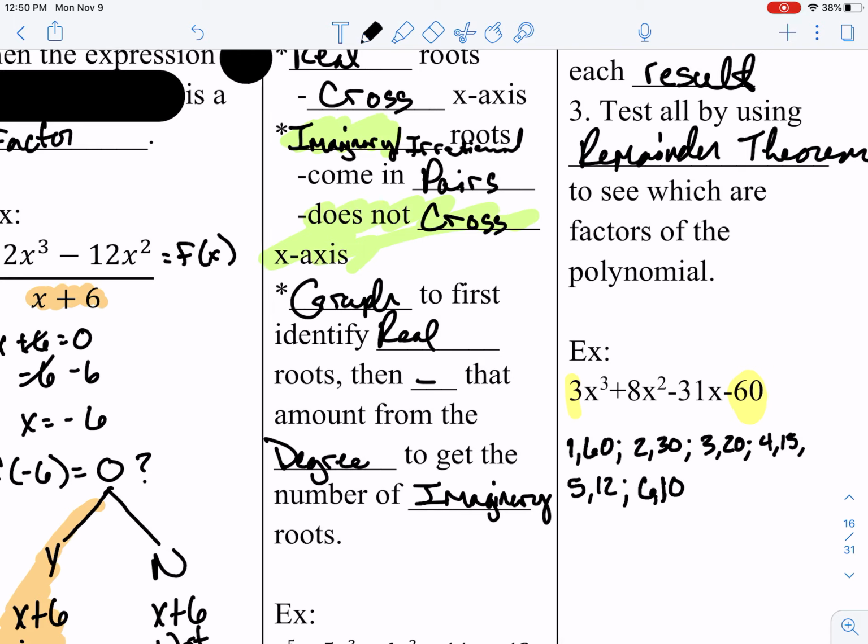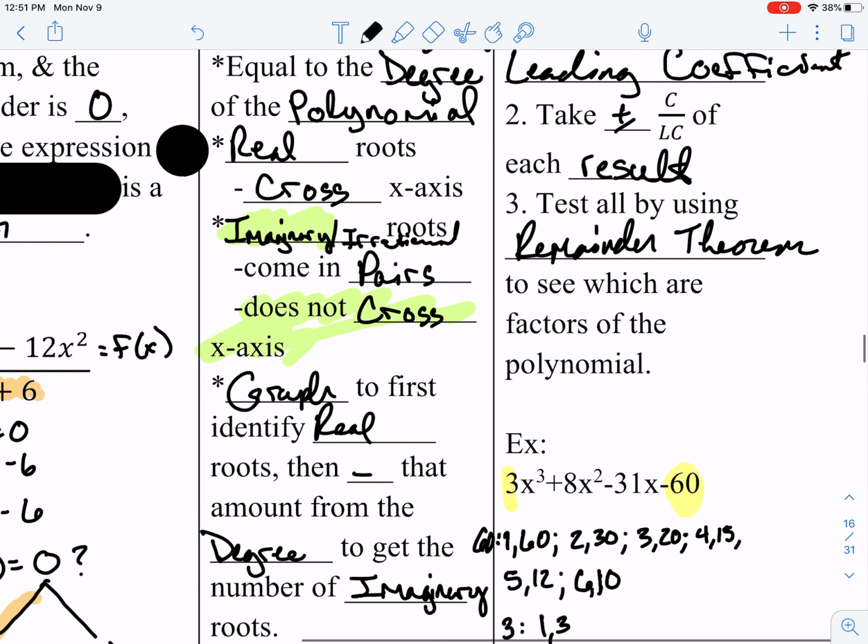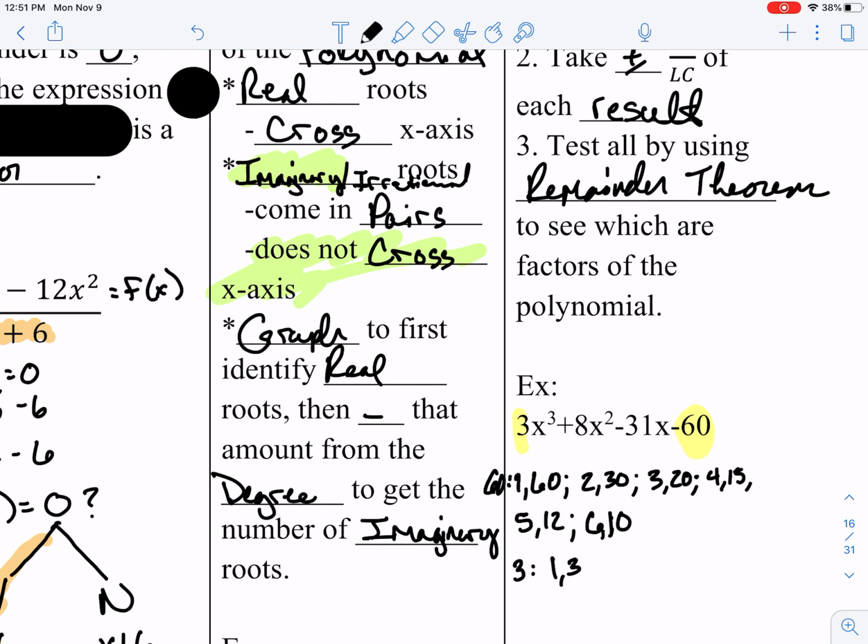And once you do 60, you need to do 3, which is just 1 and 3. From here, you take all these possibilities and you put them over each other.